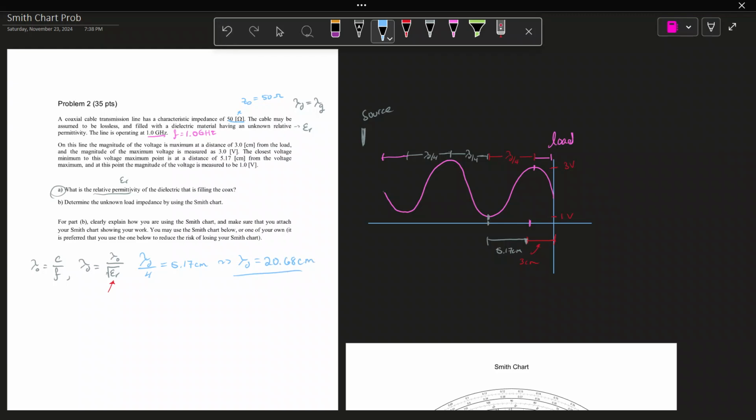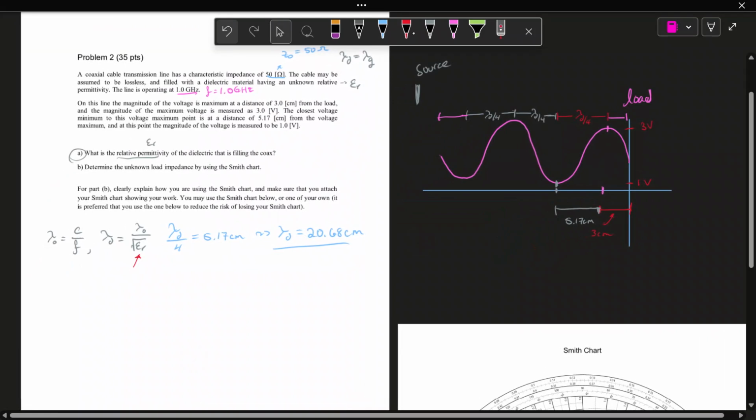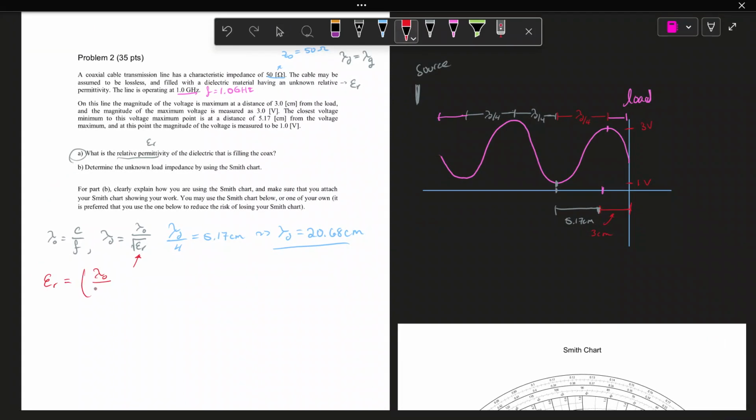Now we know what lambda d is, we can solve for epsilon r. That's an easy problem, that's algebra. We know epsilon r is lambda 0 over lambda d, squared. Lambda 0 is c over f. We know c is 3 times 10 to the 8th, the speed of light, divided by 1 gigahertz, which is 1 times 10 to the 9th hertz.